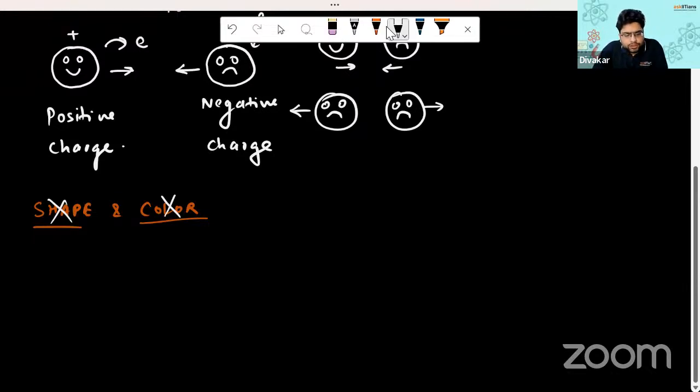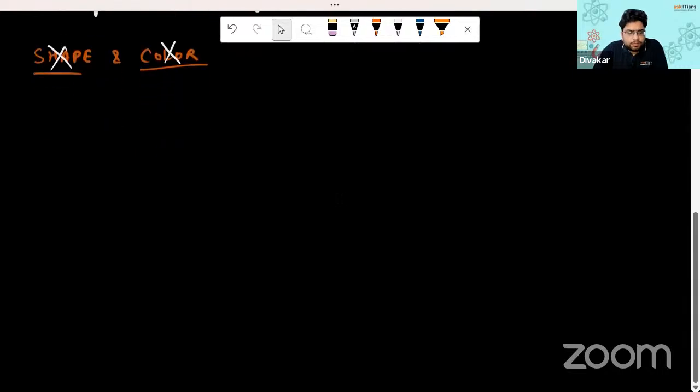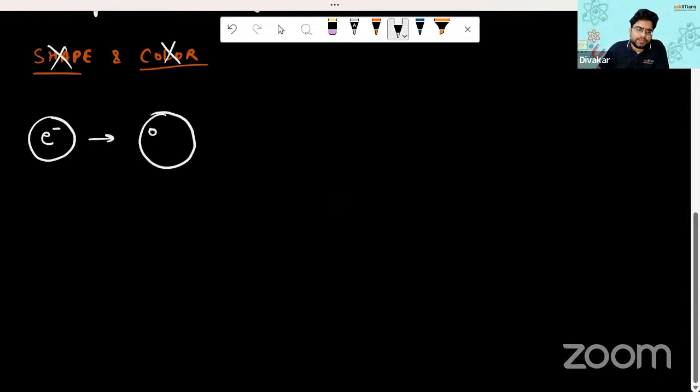Now there are a few more things about charge. For example, if you take an electron, electrons have a negative emotion, which means negative charge. How much of that negative charge? That is 1.6 into 10 raised to the power minus 19, but any quantity you describe needs a unit.